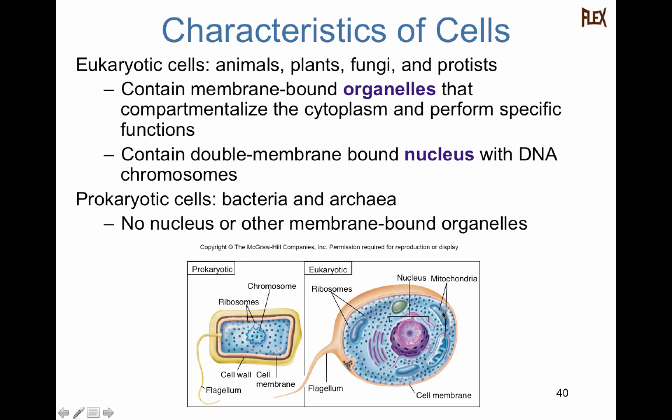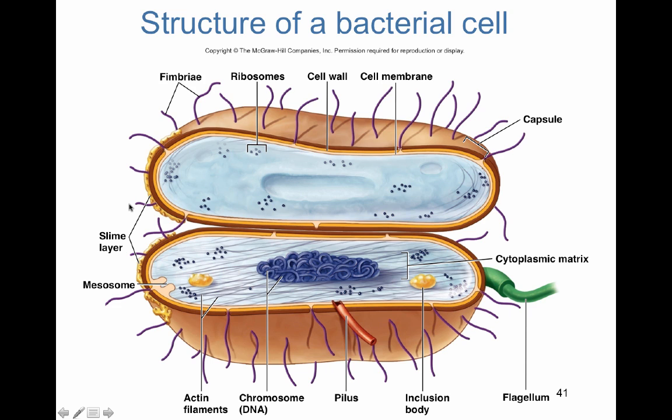So for Chapter 4, for the Week 2 lecture, we are going to zoom in specifically on prokaryotes, right? So bacteria and archaea are considered prokaryotic cells. So we're going to use a standard bacillus-shaped bacterium as the template for a prokaryote.